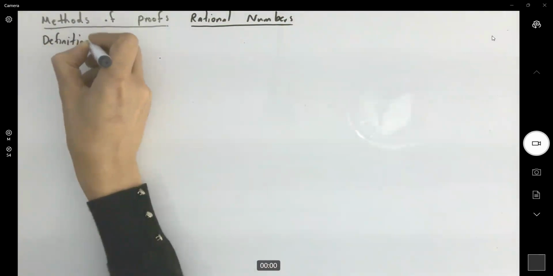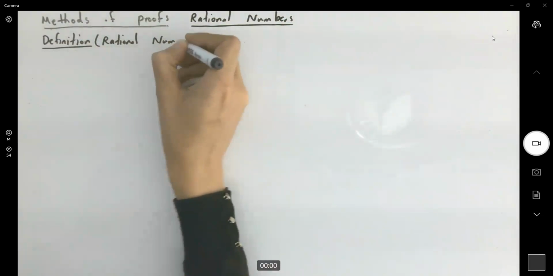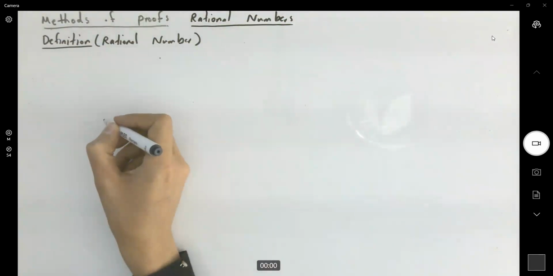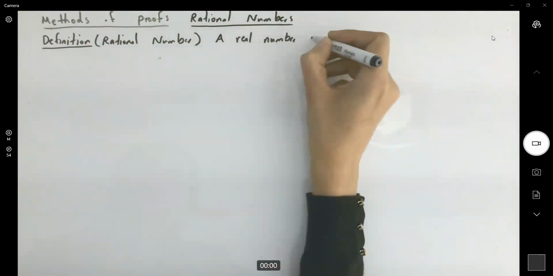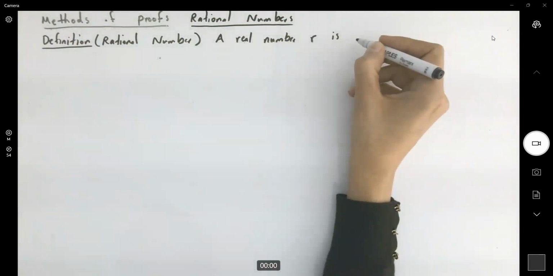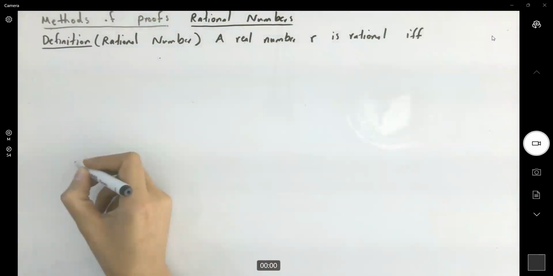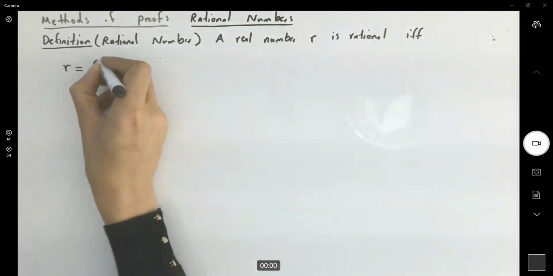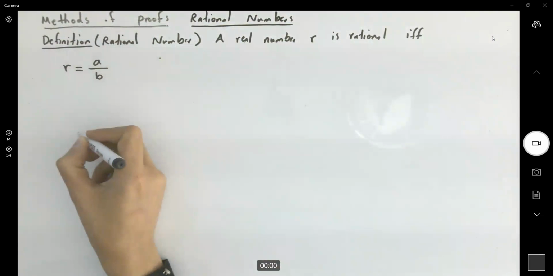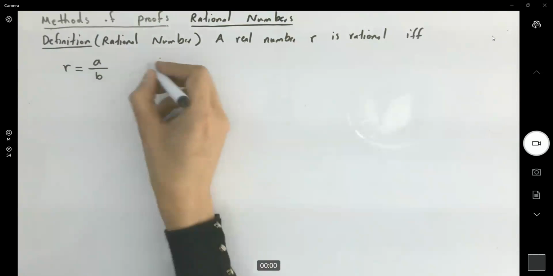Definition of a rational number. A real number R is rational if and only if R can be written as the quotient between two integers a and b such that b is not 0.